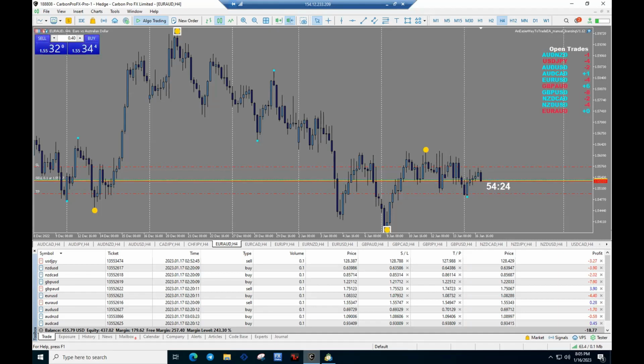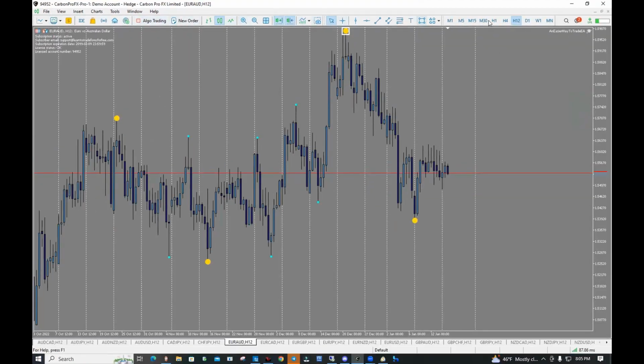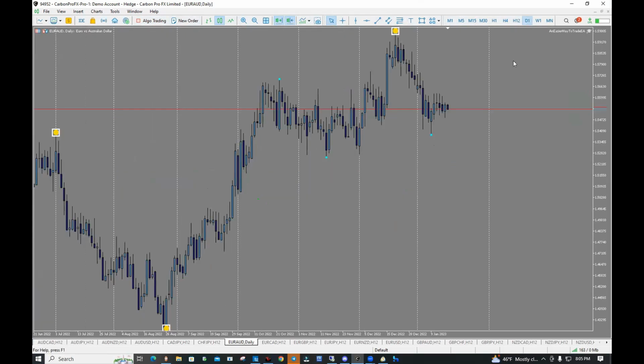I'll bring over my other one right quick with the H12. Now, on the 12-hour, and I can move it, on the daily we're looking at the start of a downtrend. We had an uptrend coming. So overall, on the daily, this could either be a very strong pullback and a continuation to keep going, or it can be sort of a downtrend.